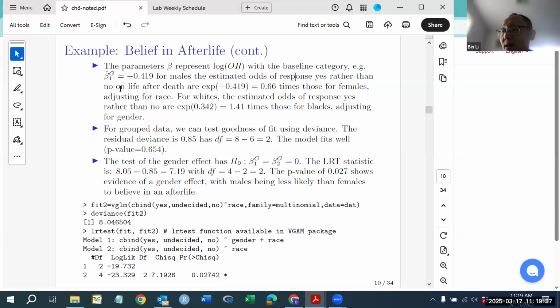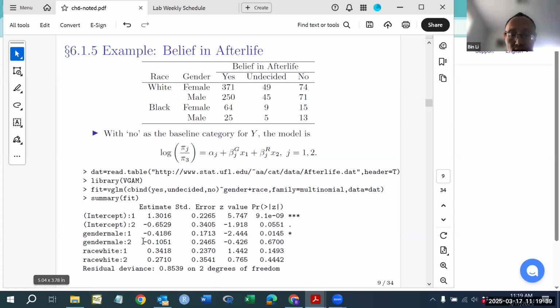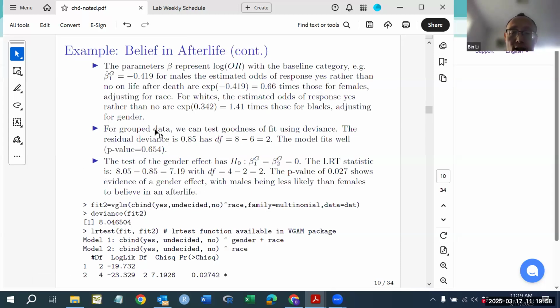We can do this similarly for this one. The only difference this time is that it's not yes against no, it's undecided against no. And similarly, we can interpret the race effect in the same way.